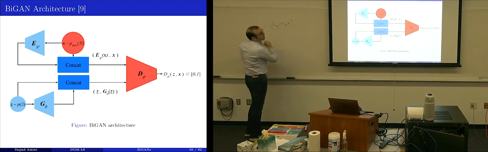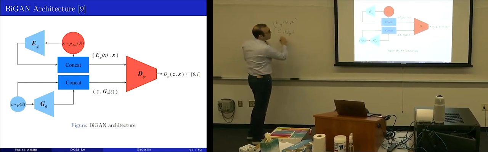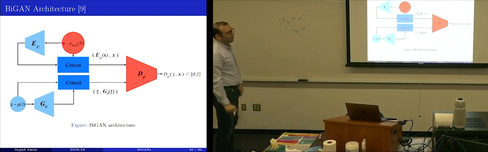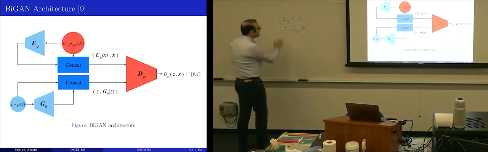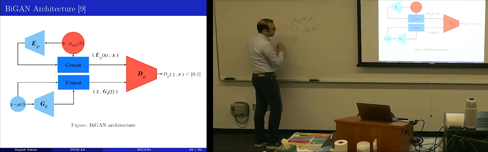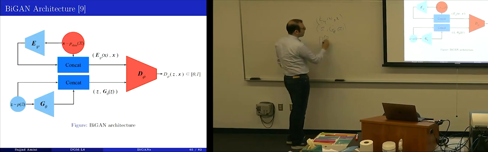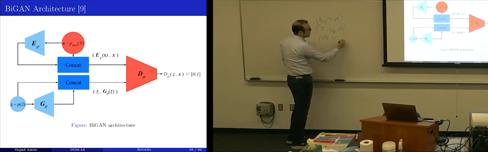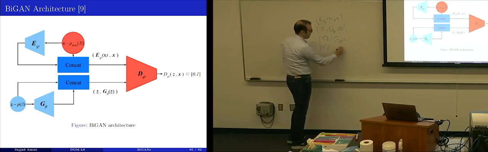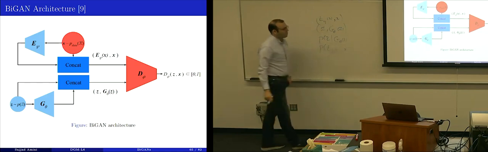Let's say I want to state the property in a way more similar to VAE. When the distribution of these two is exactly matched, it means that the conditional distribution, for example, of z given g theta of z and e psi of x given x is also similar.